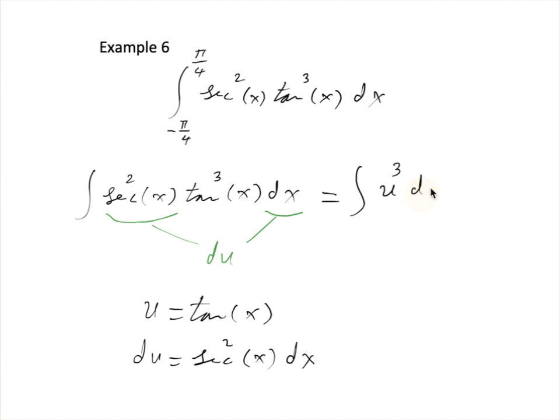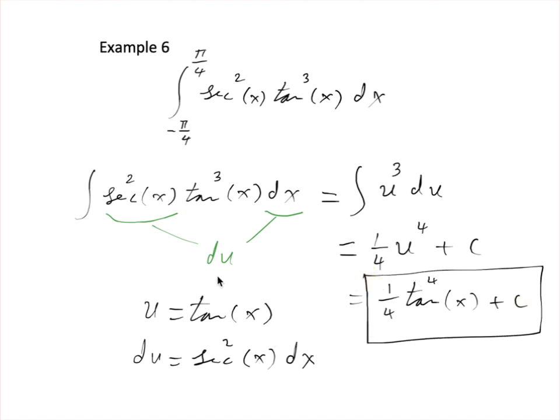So now the new integral is u cubed du, and that has antiderivative by the power rule, which is 1/4 u to the 4th plus c. And now plug in u in terms of x, so that gives you 1/4 tangent to the 4th of x plus c.